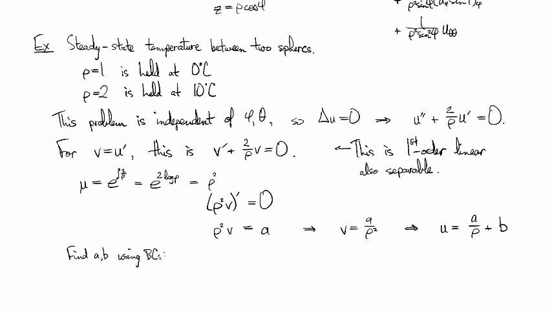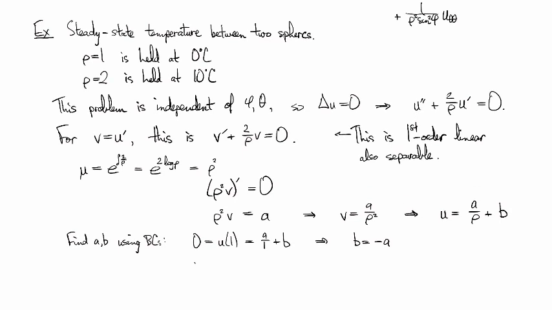So if we evaluate on the sphere of radius 1, then it's equal to 0 there, and our formula for u gives us a plus b. So that tells us that b is equal to negative a.